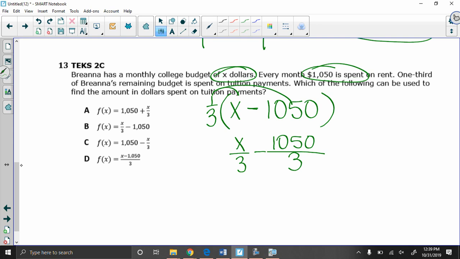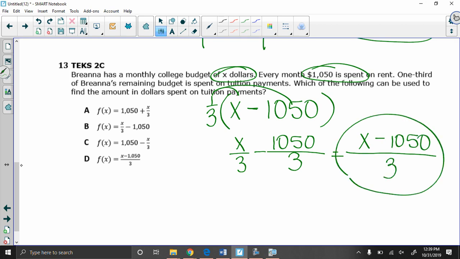Since they both have the same denominator, I can just combine the two. We get x minus 1050 over 3. Now, this was your bonus question, so if you got it wrong, it didn't count against you. So, letter choice D would have been the correct answer.